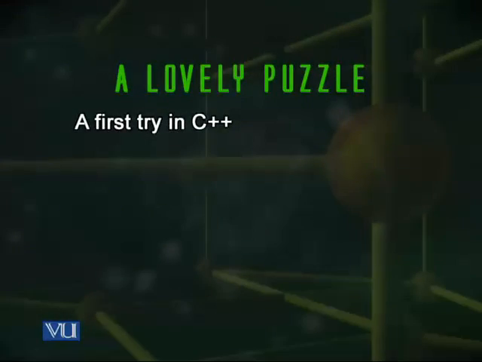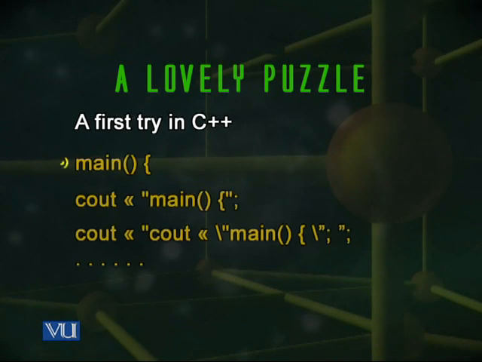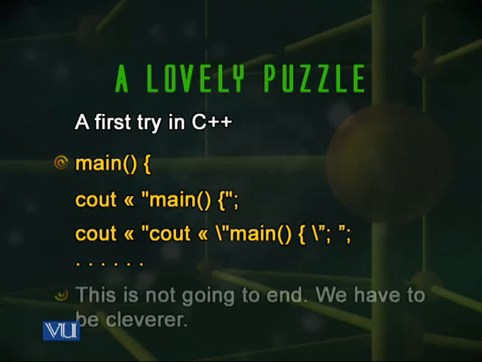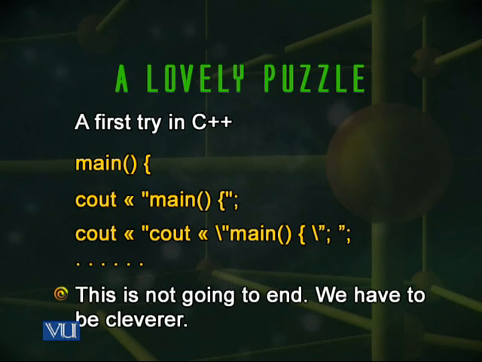The first idea would be to start writing a program that prints itself. So you can write main, and then you open your brackets, and now you start printing whatever you have written. So the first thing you will do is put the statement cout less than less than main and so on, as shown in this diagram. As you can see, this seems to be an unending process. As I write more, I am required to write more.